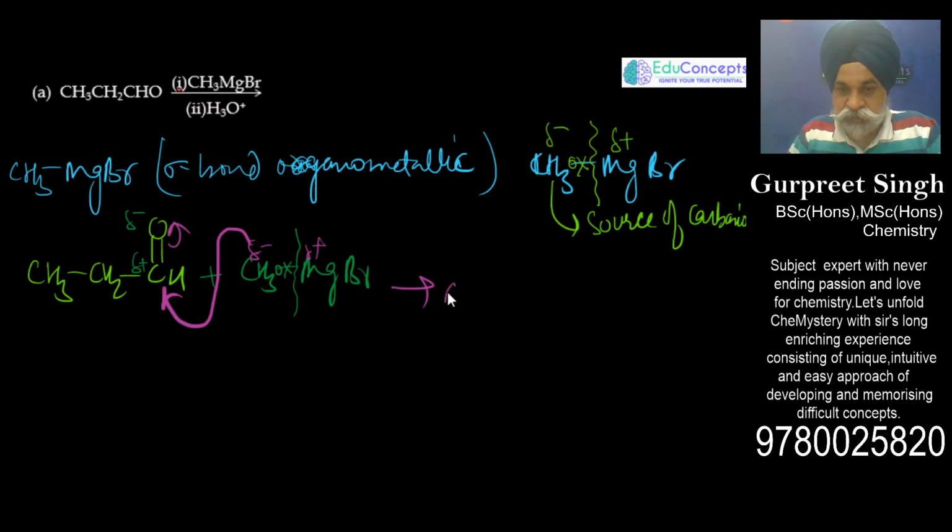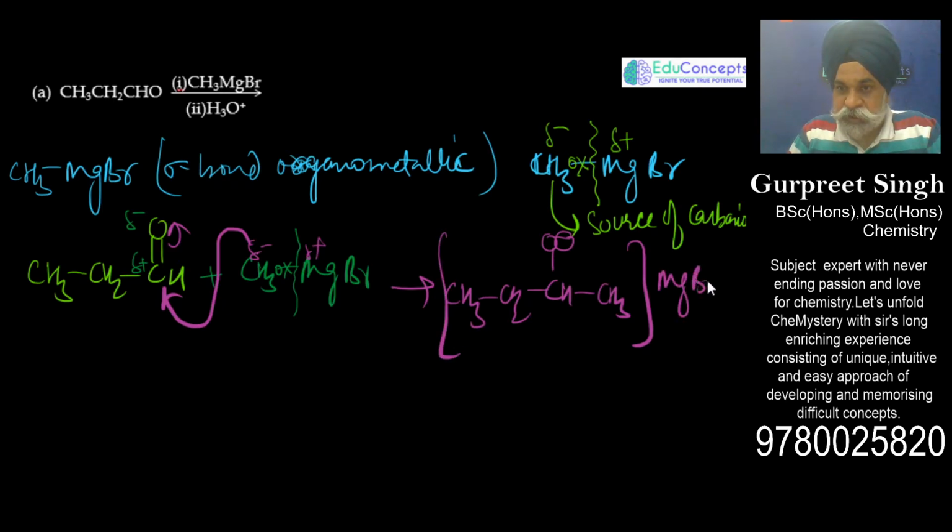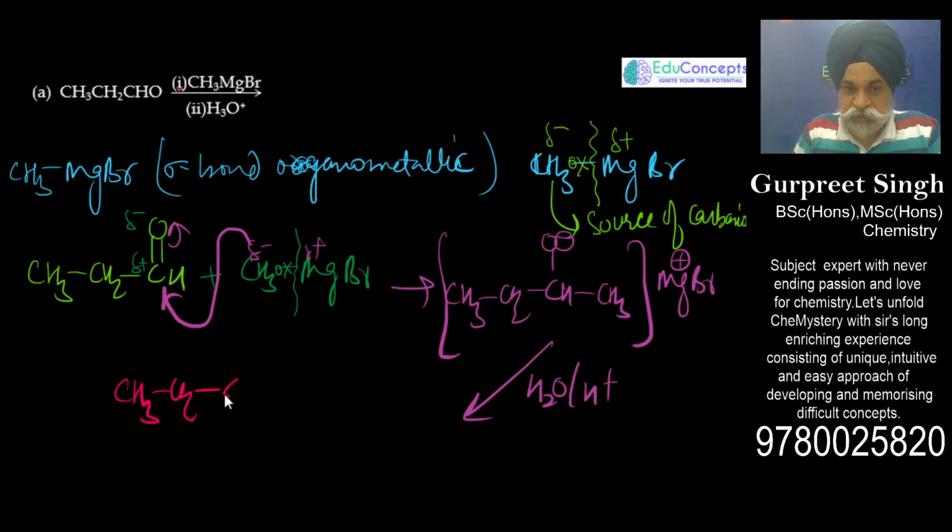As a consequence, what you get here is O negative, along with a counter ion MgBr. During the hydrolysis of it in acidic medium, this O negative will abstract H positive, resulting in the formation of an alcohol. And we shall be getting this type of alcohol.